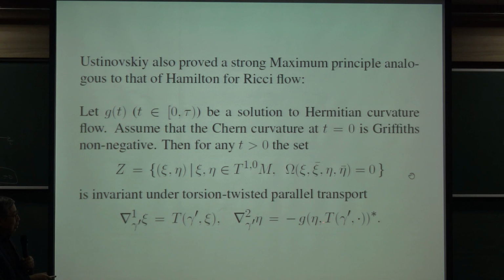Of course, in the Kähler case the torsion is zero, and these two are just given by the Levi-Civita connection. So you are back to Hamilton's case, but this time he used these two connections, and he also proved invariance.